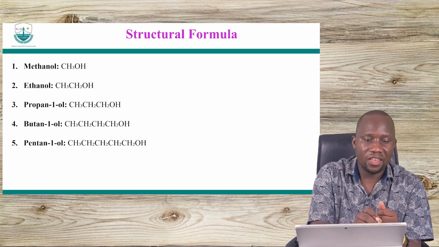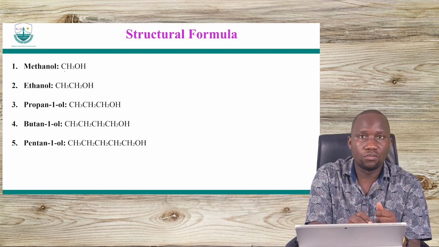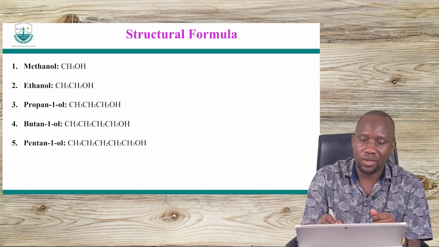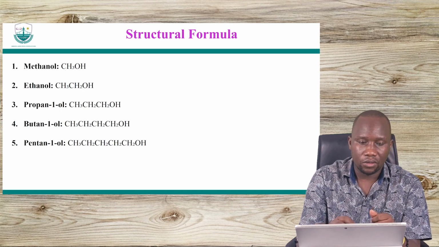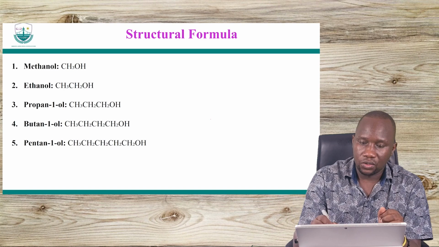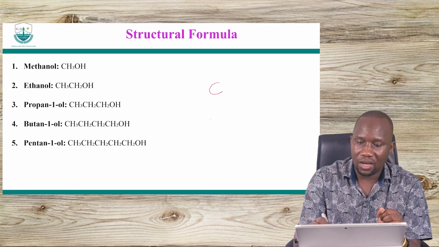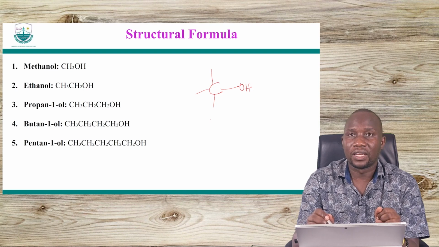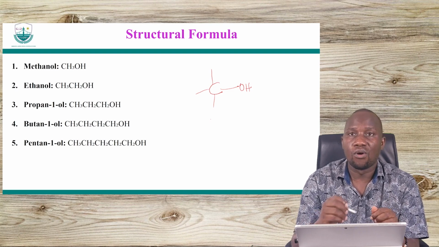So here, methanol, 1 carbon atom, and then the OH has to be there. Let's write this. You have 1 carbon atom, make sure that you have the OH group, and then make sure it is complete, with the 4 bonds.